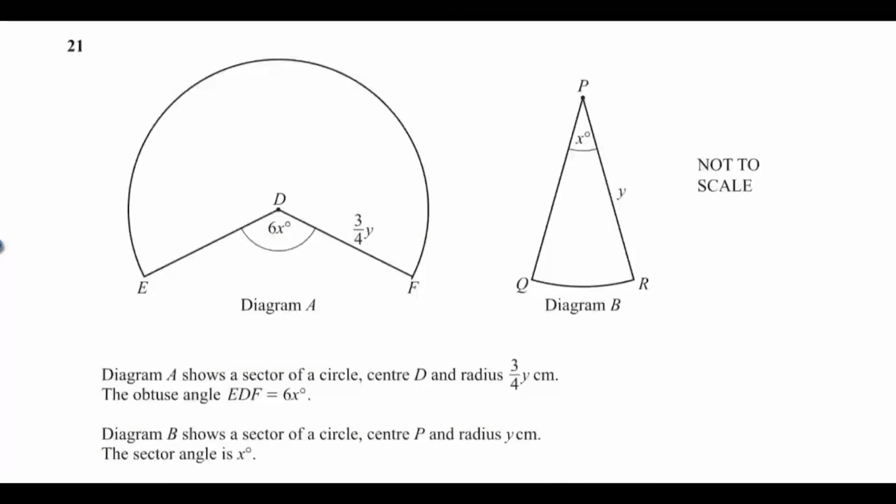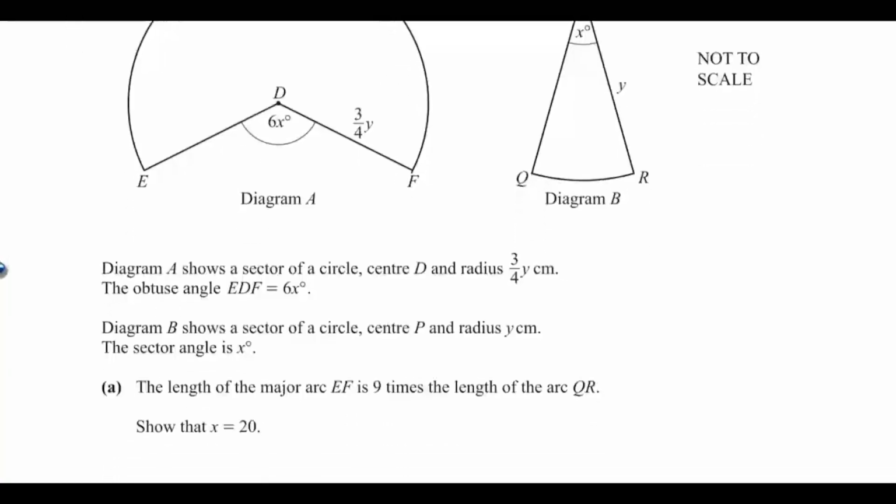Diagram A shows a sector of a circle, center D, and the radius is 3 over 4 y centimeters. The obtuse angle EDF is 6x. Diagram B shows a sector of a circle, center P, and the radius y centimeters. The sector angle is x degrees.